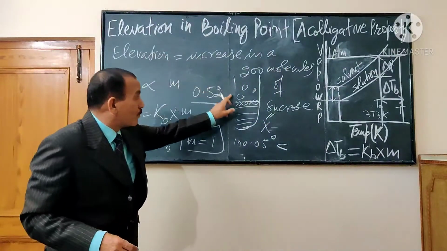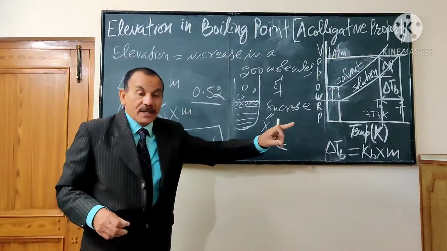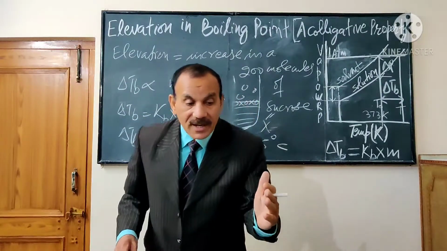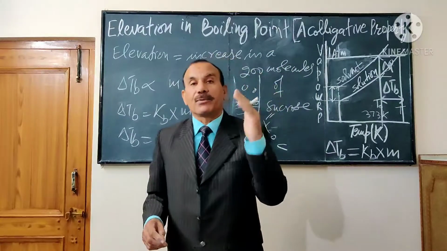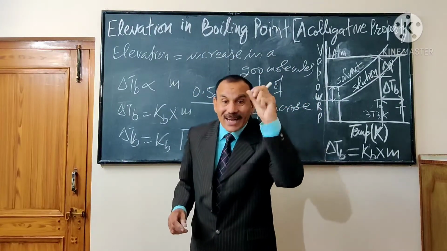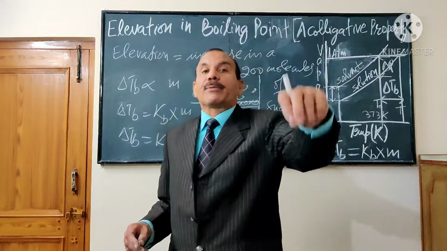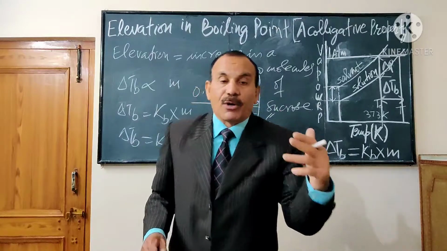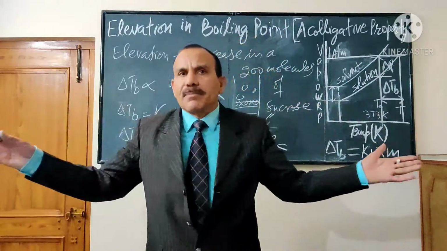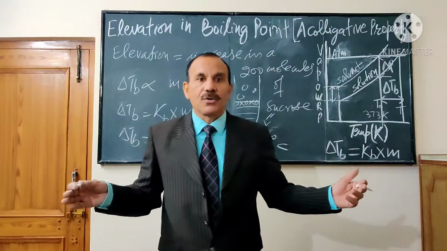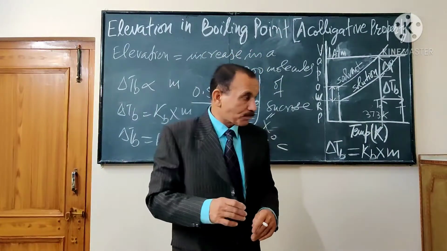0.52. And this is the behavior of water. So this is the molar elevation constant of water, and it is always constant. It is always 0.52, and it is the property of water, not of any compound. If we add 1 mole of any compound, maybe urea, maybe sucrose, maybe glucose in water, and the solution is 1 molar, the increase in boiling point is always 0.52. That is why it is the behavior of water, pure water, not the solutes.